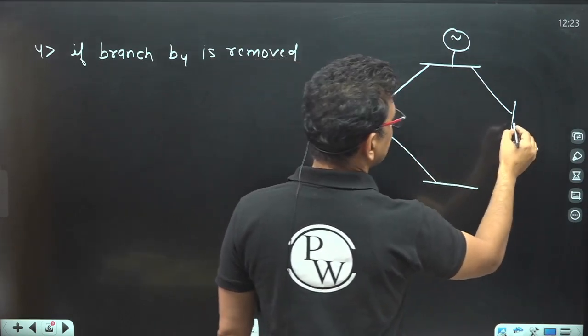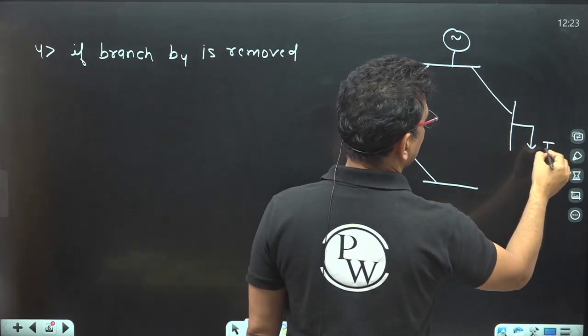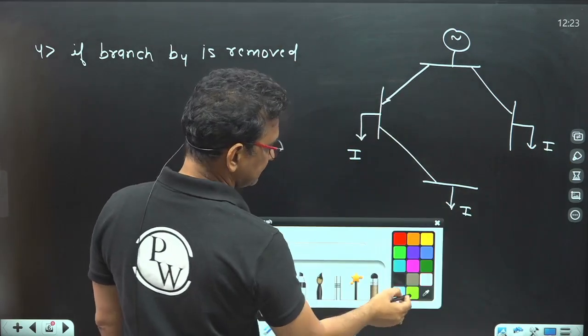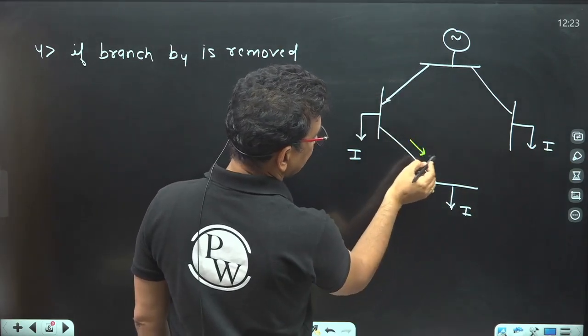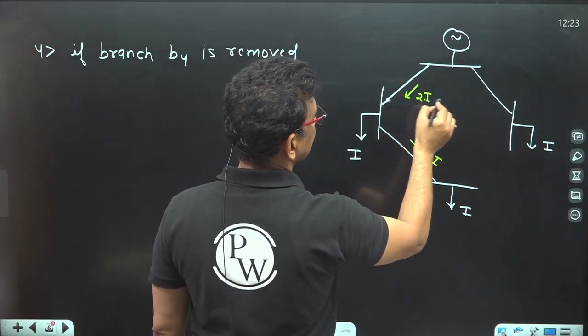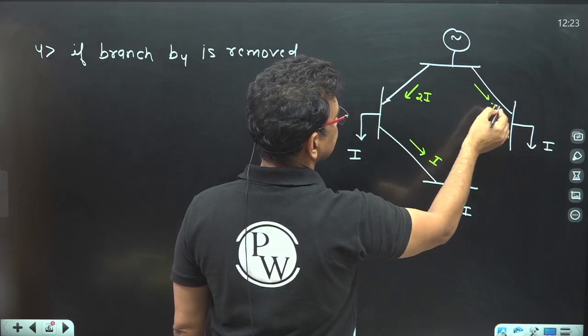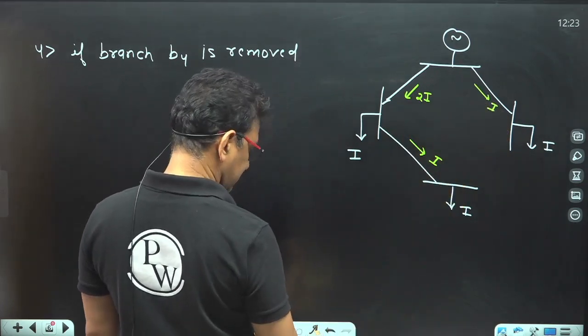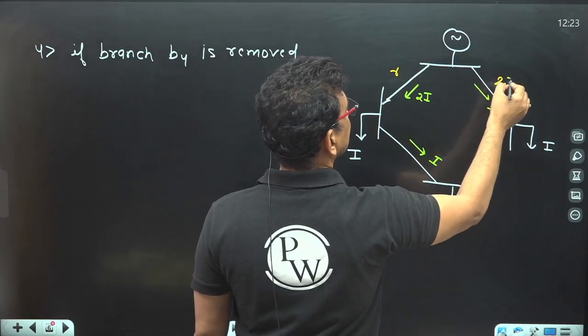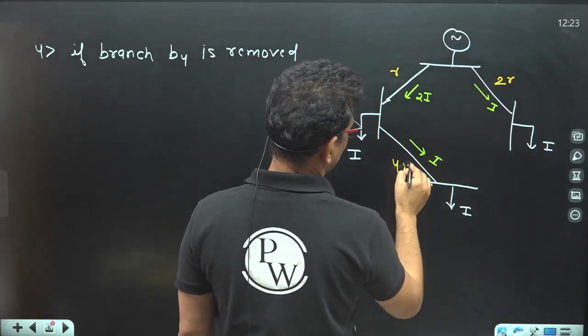Now the current is I. If we apply Kirchhoff's current law, the current in this branch becomes I, the current in this branch becomes 2I, and here the current is I. Now the resistances of the branches are R, 2R, 4R.